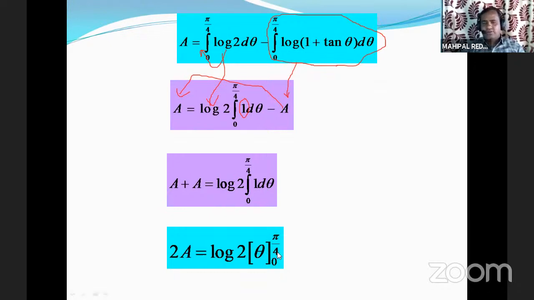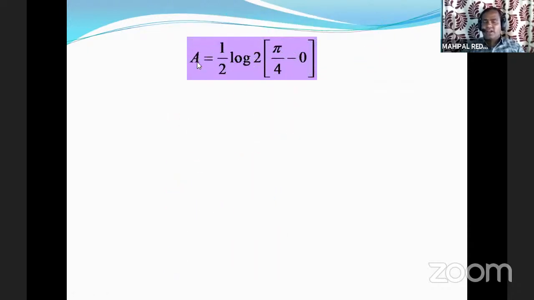Lower limit is 0, upper limit is pi by 4. So 2A equals log 2 into theta, lower limit 0, upper limit pi by 4. Substitute the upper limit and lower limit, and send this 2 from the left side to the other side.